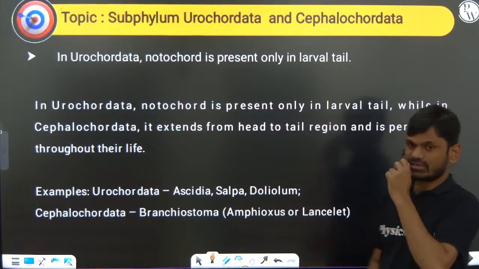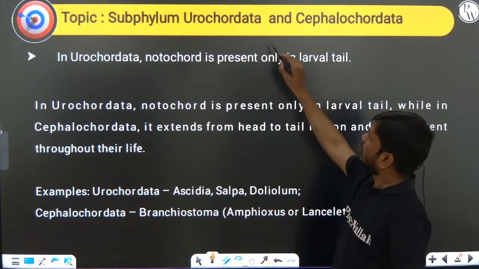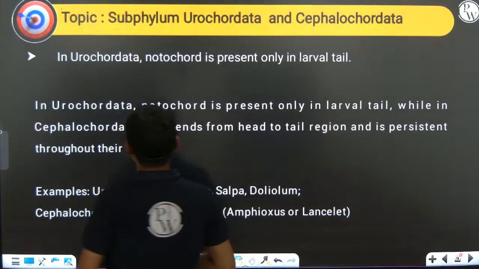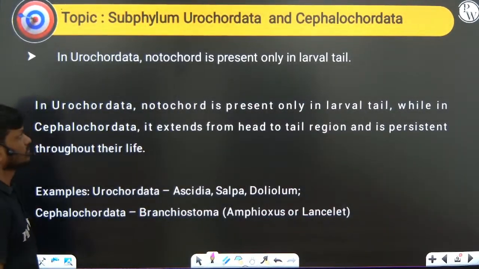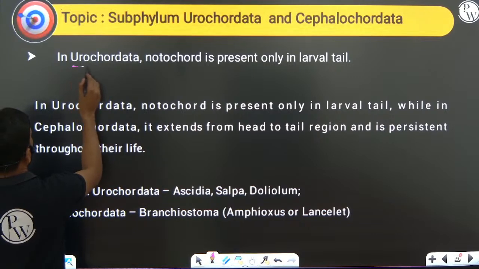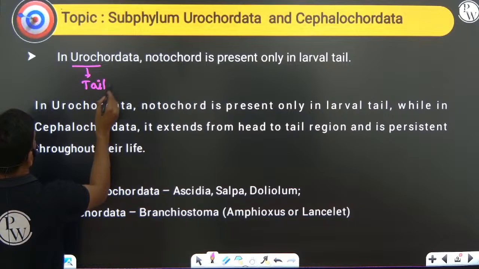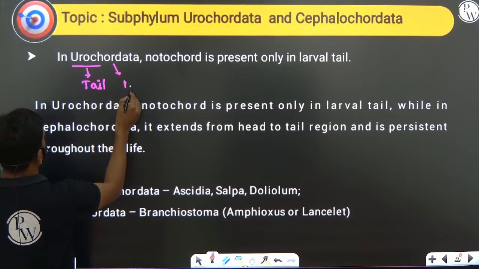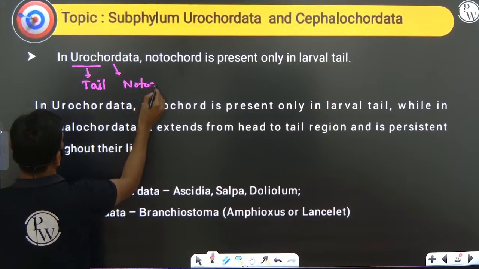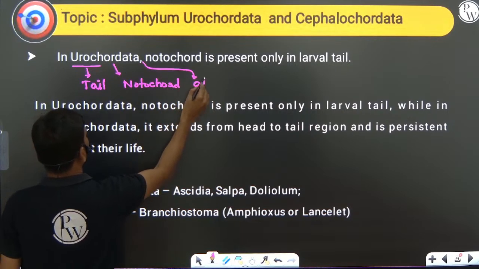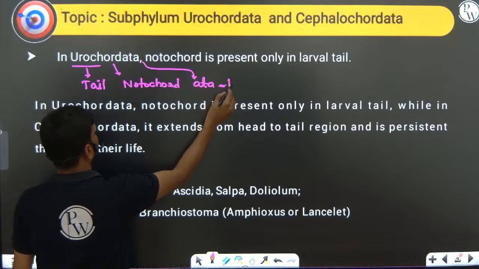So now we will discuss the subphylum Urochordata and Cephalochordata. In Urochordata, Uro means tail, chorda means notochord, and ata means having.